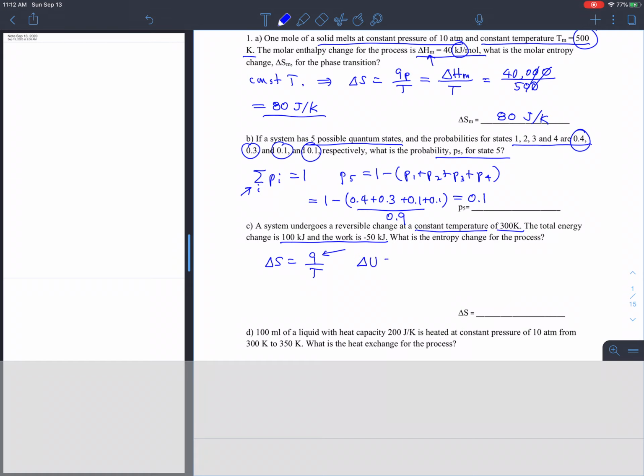We have delta U, which is Q plus W, and we have W, so we can get Q. Q is equal to delta U minus W, which is 100 kilojoules minus minus 50 kilojoules, which is 150 kilojoules. Therefore, delta S is equal to 150,000 divided by 300 K, and that is equal to, I think, 500 joules per K. Is that right? Let's see. 1500 divided by 3. Yes, 500 joules per K.